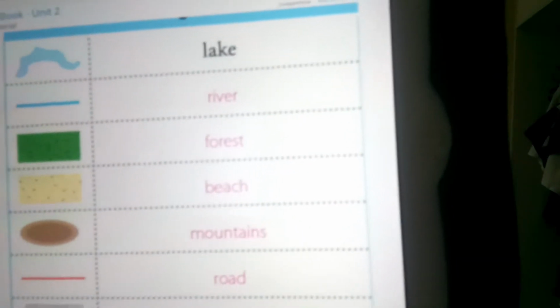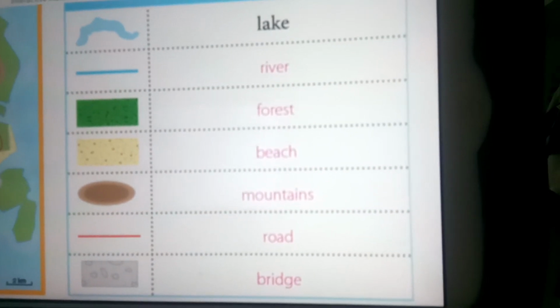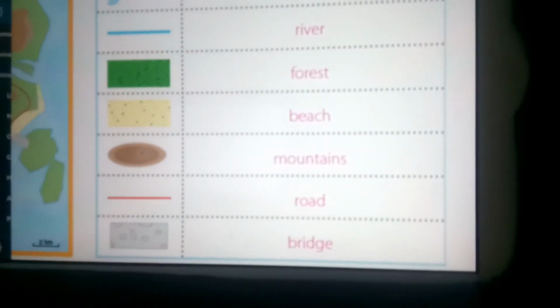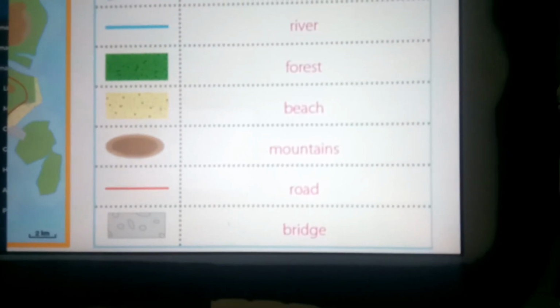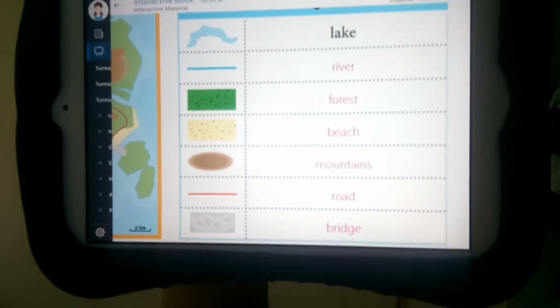So the lake, the blue is the river, green is forest, yellow is the beach, the brown is mountains, the red is the road, and the gray is the bridge. Very good. So that is it.